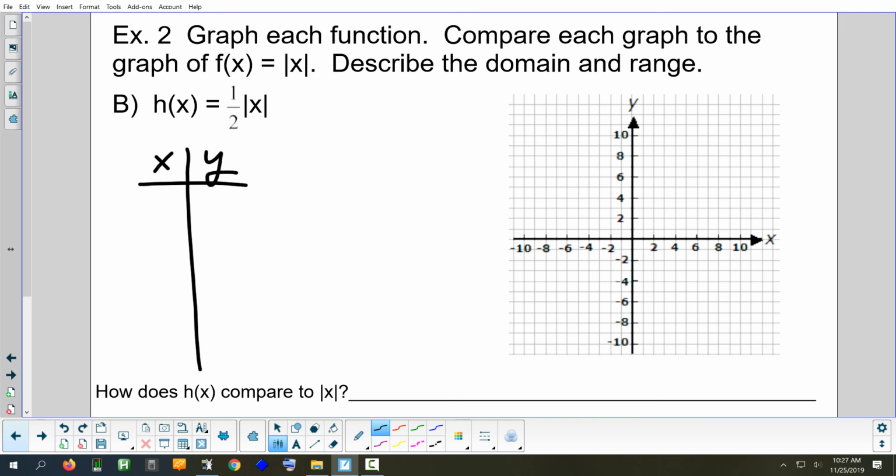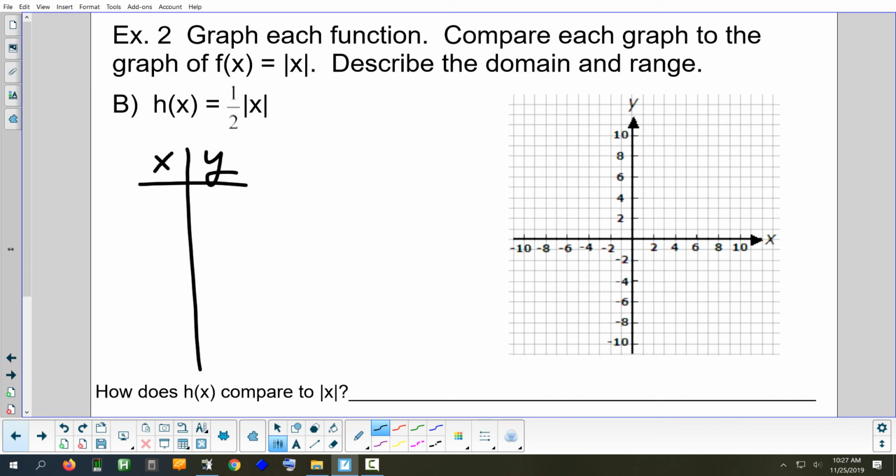Okay, how do I get my middle x value? Someone tell me, we've done it 3 or 4 times now. What do I always do to get the middle? Yep.